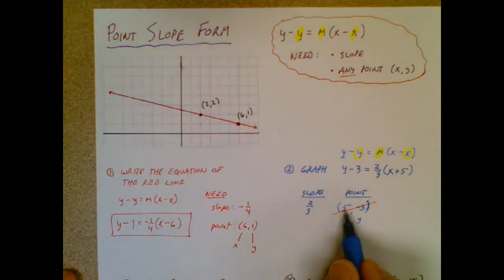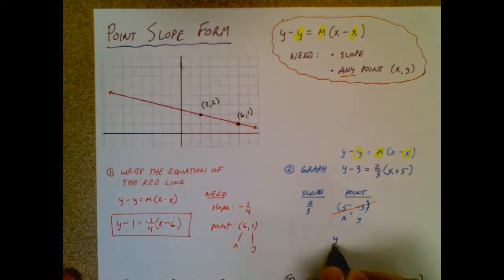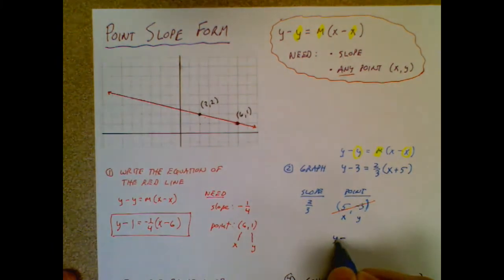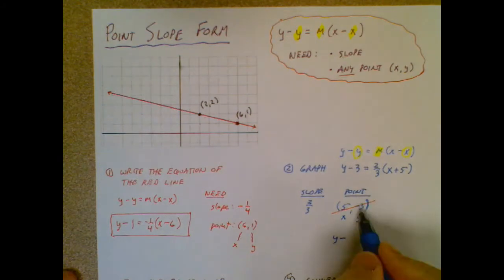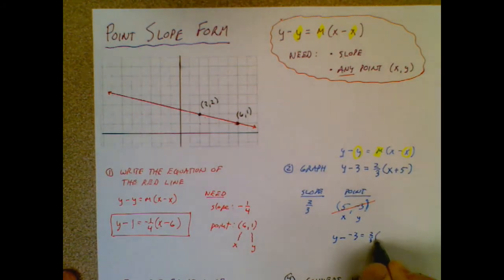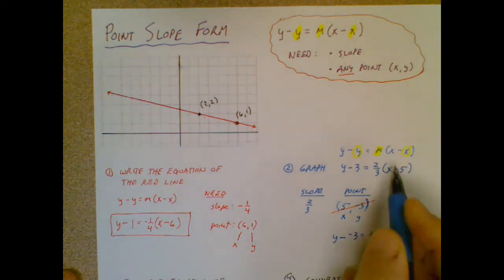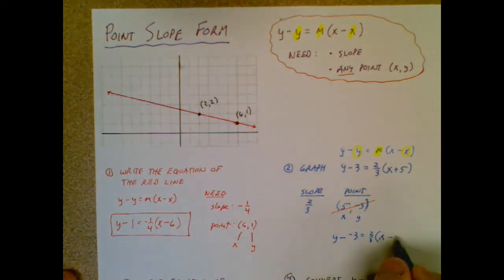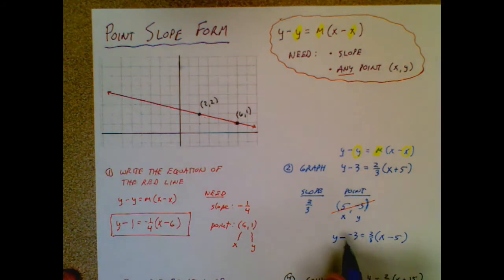If I were to take 5 and negative 3 and put it into this equation, I would get this. y minus, and now I'd have to plug in the negative 3, equals the slope times x minus, now I'd have to plug in the 5. Well, this is really like y plus 3, because minus a minus is a plus.